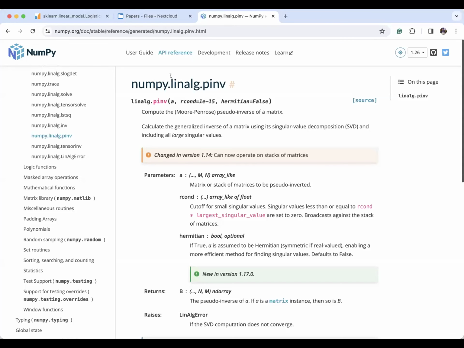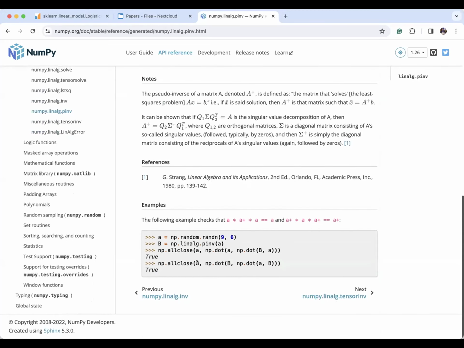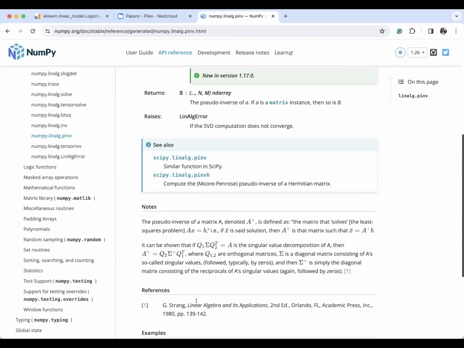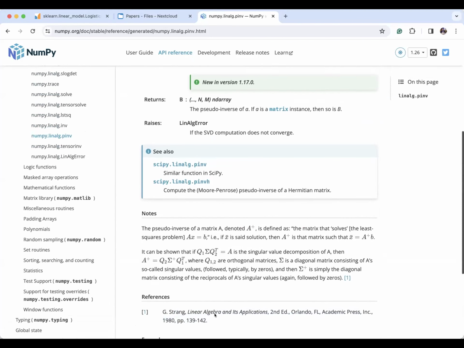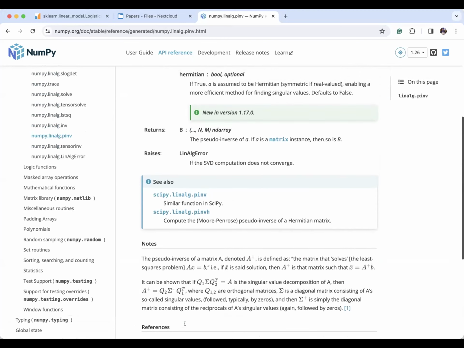In NumPy, you have in the linear algebra submodule the pseudo-inverse function, and it will calculate the pseudo-inverse of a matrix. How this can be done exactly, you can see in here, and there is also a reference to one paper, while the pseudo-inverse is actually older than this reference here.